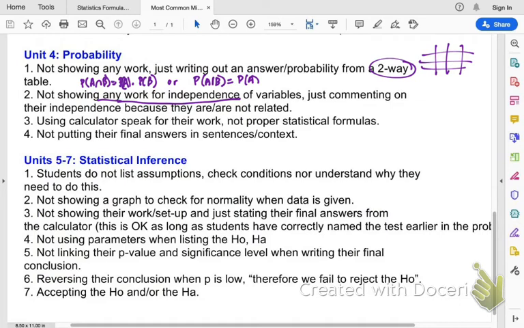The biggest thing is that if you do use your calculator for your answer, like if I said binomcdf(8, 0.2, 5), then I would say it's a binomial distribution where n equals 8, p equals 0.2.